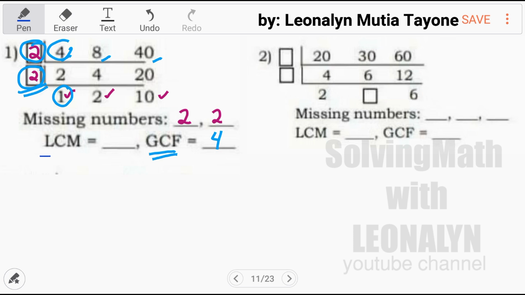Next, to find the least common multiple. Meron pa tayong 2 at 10. Yang 2 at 10 ay pwede pa natin yang i-divide by 2. So 2 divided by 2, meron tayong 1. 10 divided by 2, and that is 5. So ngayon, ang i-multiply natin ay 2 times 2 times 2 times 1 times 5.